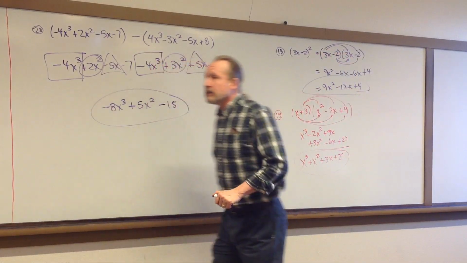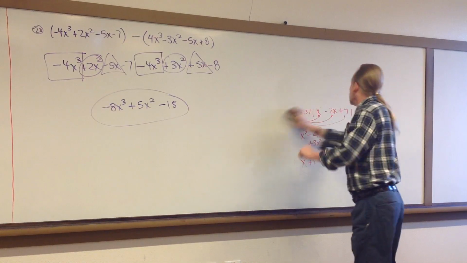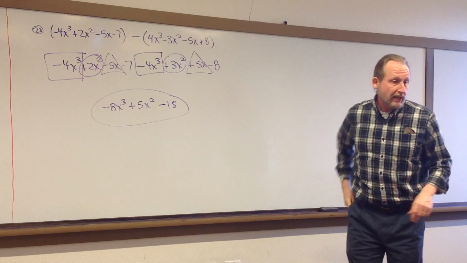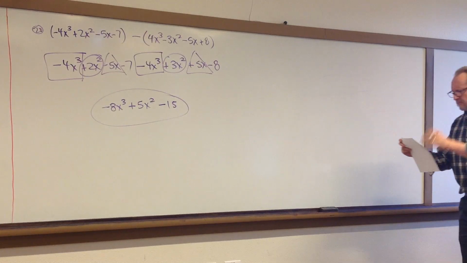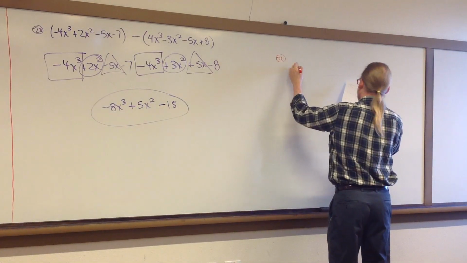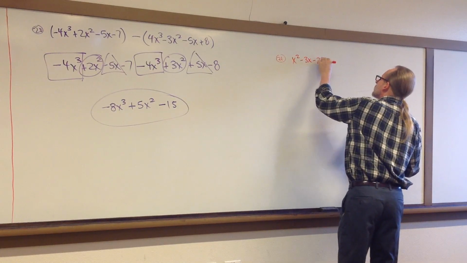All right. The last two problems are factoring problems. The first one is a trinomial factoring problem. Where are we? 21. x squared minus 3x minus 28.